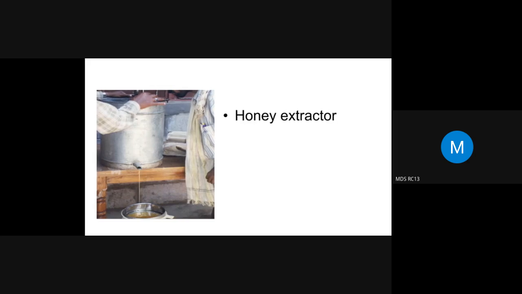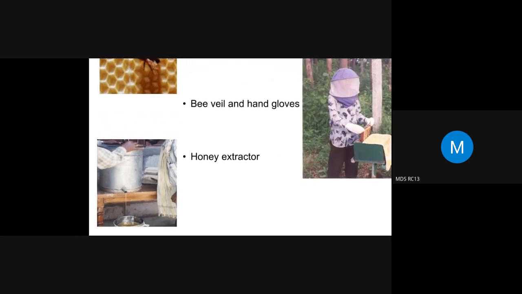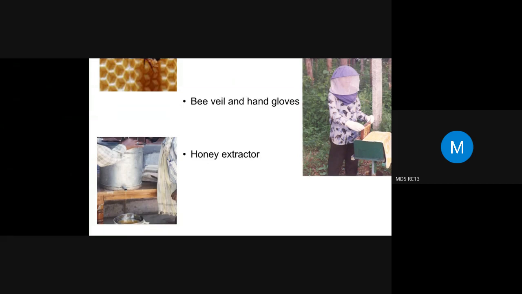By centrifugal force, mechanically, when we turn the honey extractor, the honey is extracted from that super frame, and collected at the bottom of the extractor, and that can be filtered later.